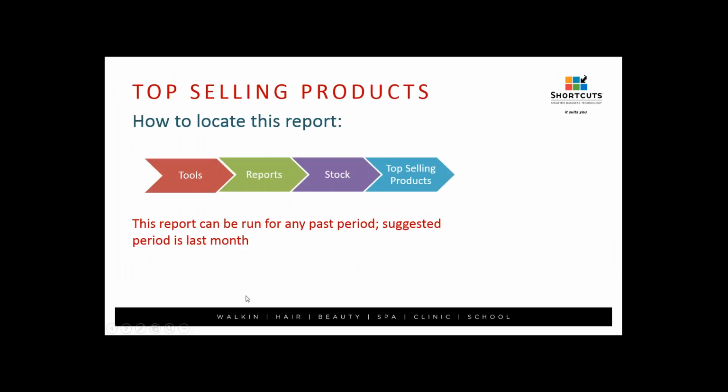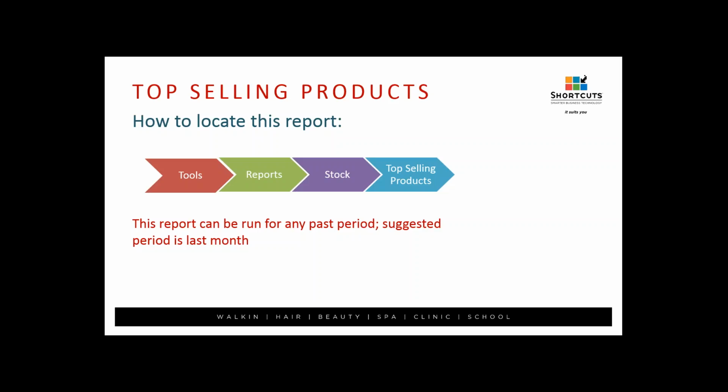Another of our reports is our top selling products. Our top selling products report gives you a rough idea of what products are selling and which ones aren't. To locate this report, go to Tools, Reports and Stock, and that's where you'll find it. Again, this report can be run for any past period. We do suggest that it's run for last month, so you can see what sold well last month.